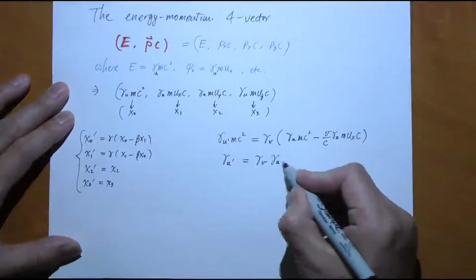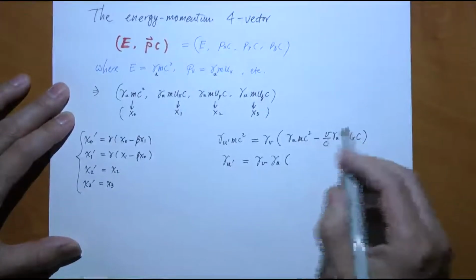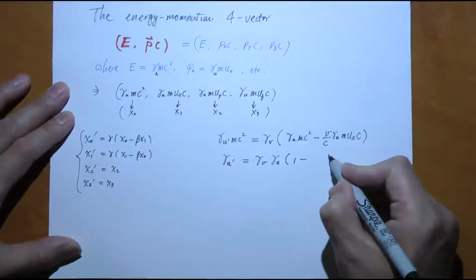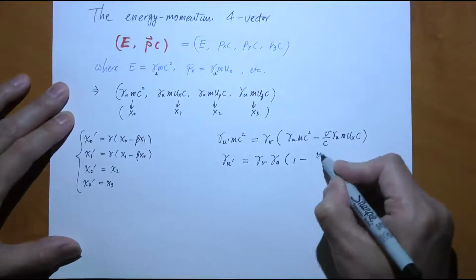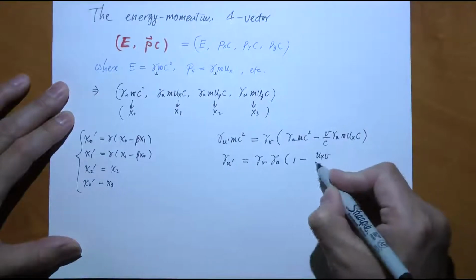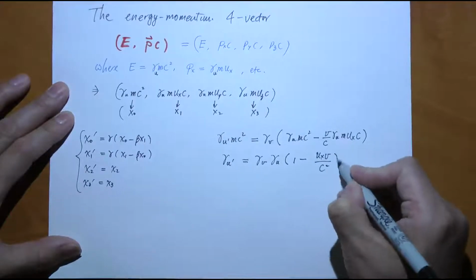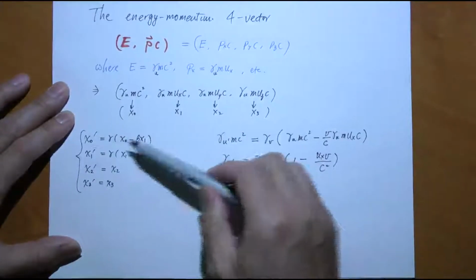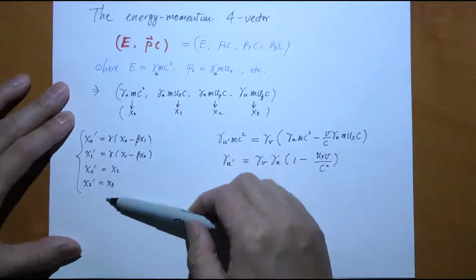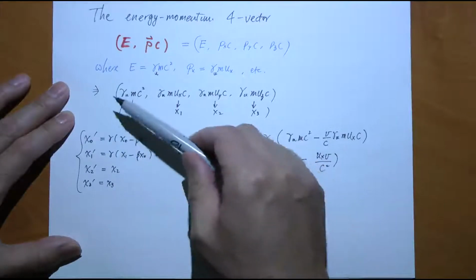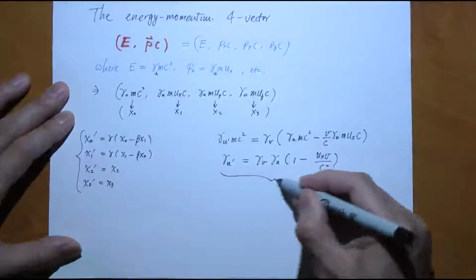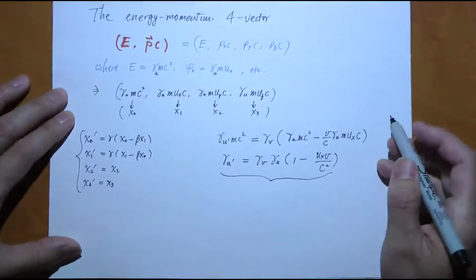You take that gamma u out. Mc squared, you just cancel from here. 1 minus uxv over c squared. If you can show that, then indeed the first of these transformation formulas for the four vector holds true for this particular four vector. This is a little tedious to do, but it can be done.